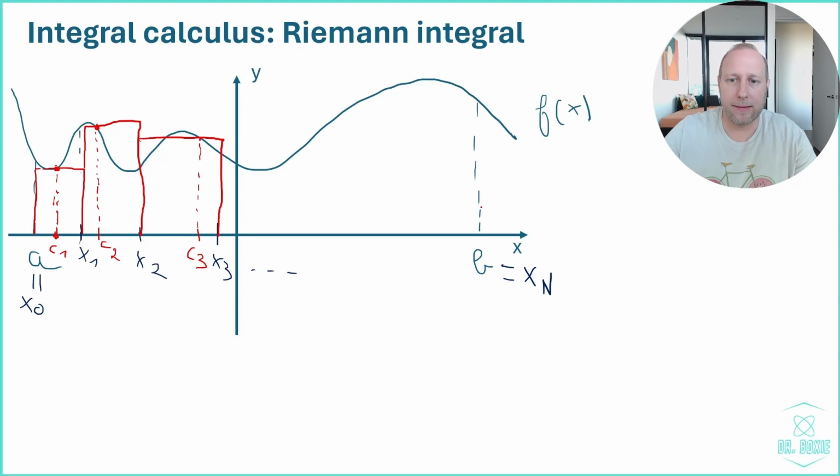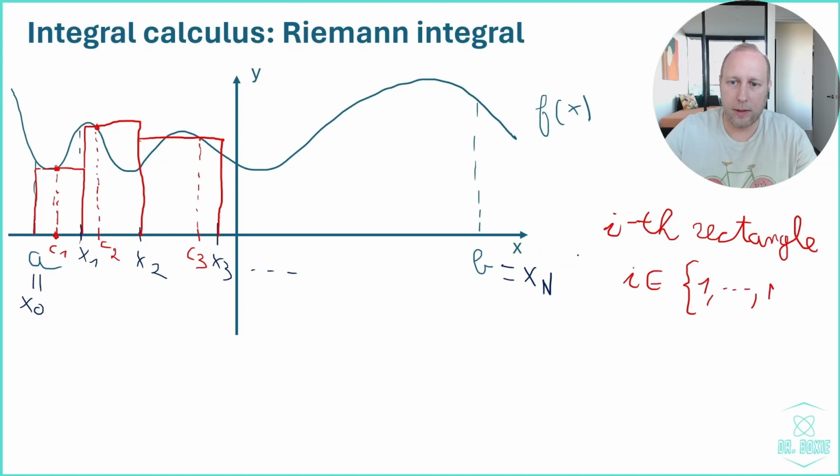So let us look at the ith rectangle, where i runs from 1 to n.